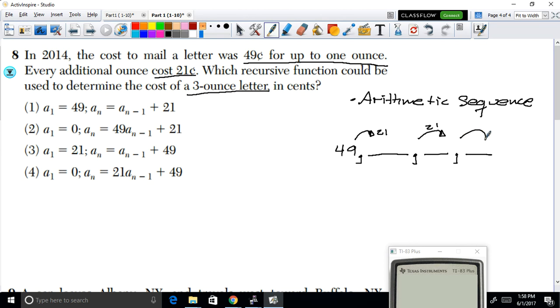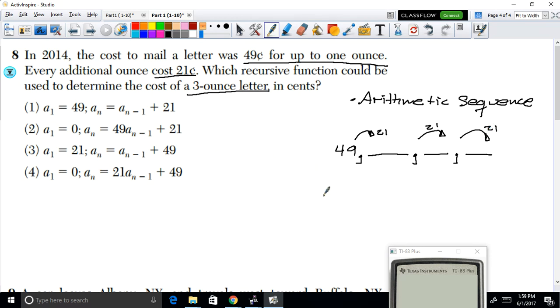You want to pay another ounce, well, you gotta pay another 21 cents. So notice that you start at 49 cents, and for every ounce you add 21. And because the common difference is 21, then we have an arithmetic sequence. Notice that the difference is of addition because you're adding cost. This is why it's an arithmetic sequence.